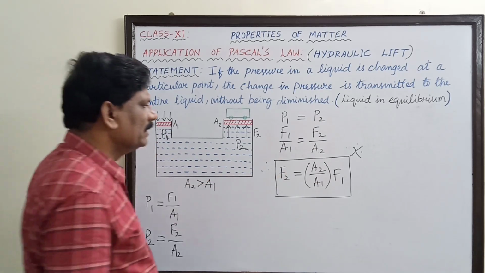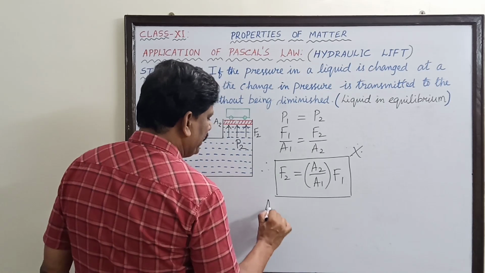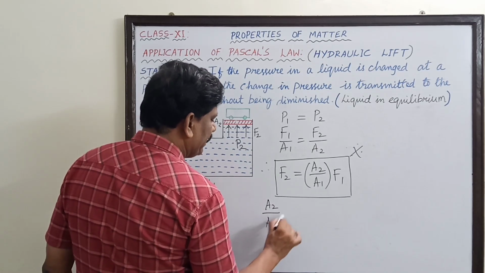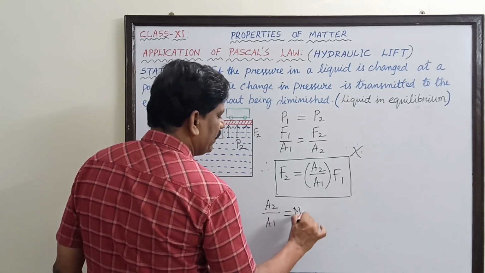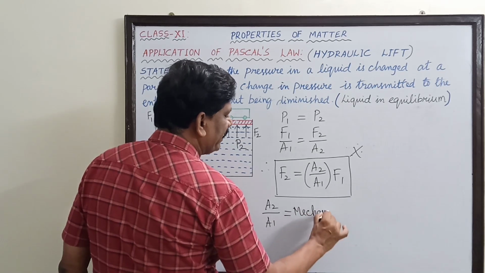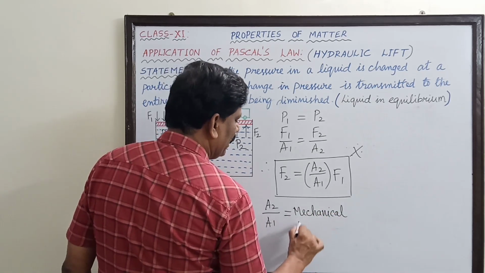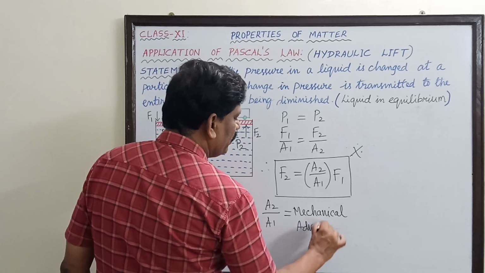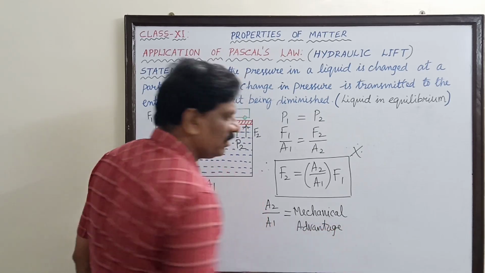Here this term A2 by A1 is called mechanical advantage. Why is it called so?